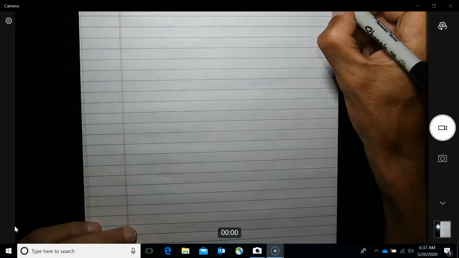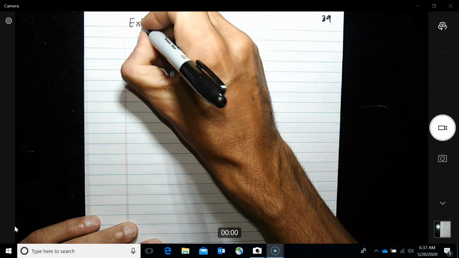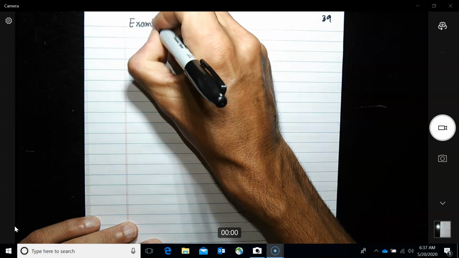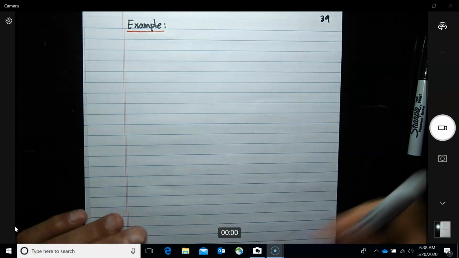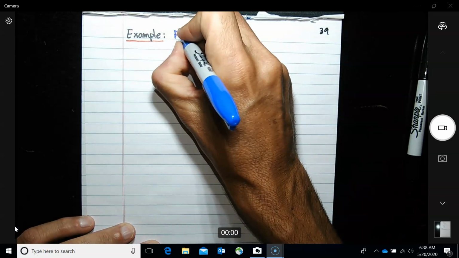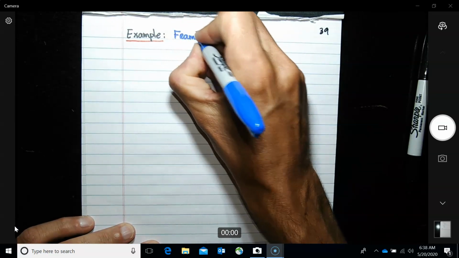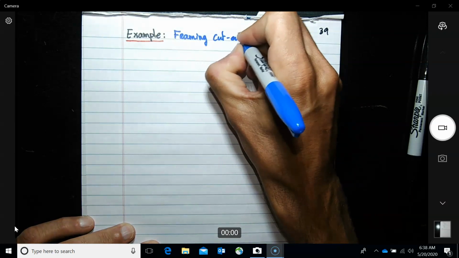So let's see, page 39 will be an example, and the example will be for framing cutout.